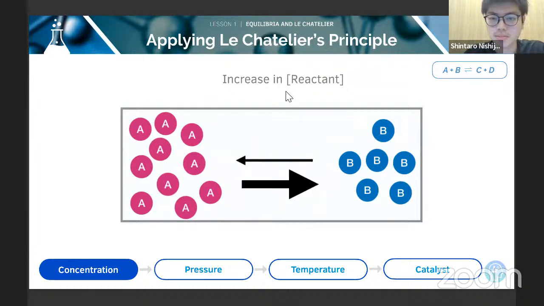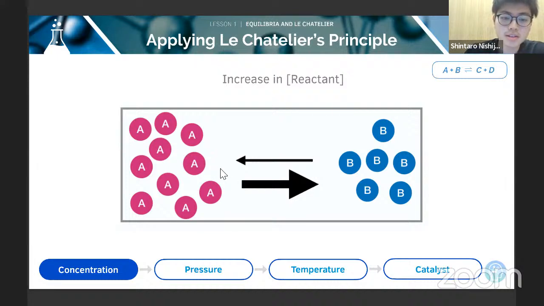So let's go through concentration first. Remember that the square bracket shows the concentration of the reactant. That's just a notation you're going to have to get used to. In general, with Le Chatelier's principle, when you change something in the system, the equilibrium will shift to counteract that change. If I added more of A, it's going to oppose that, as if it's rebelling against me increasing the concentration of A. So how would the system try to reduce the amount of A?